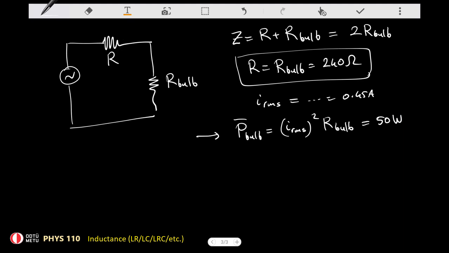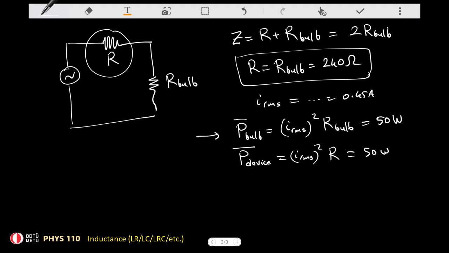But some of the heat will also be dissipated on the additional resistor you have added. Let me call this P device, which is also an average power. I multiply the square of the same current with its resistance, which is the same, so this also uses 50 watts.